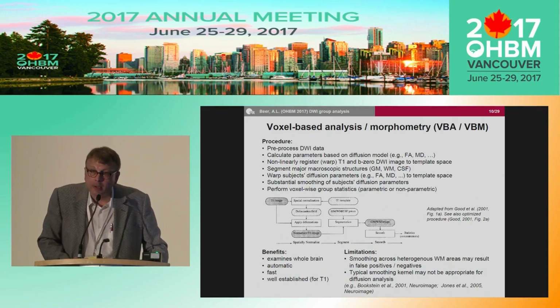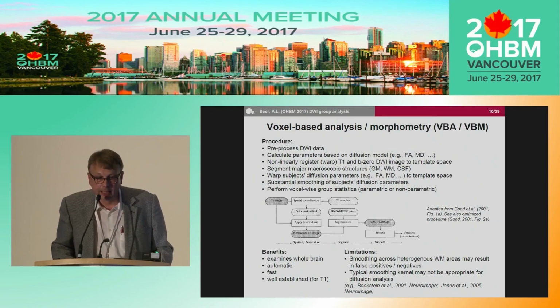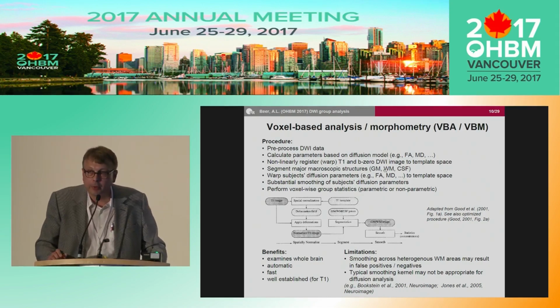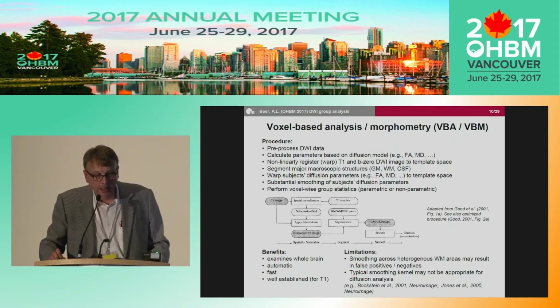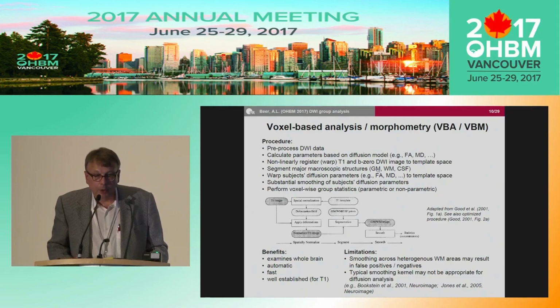And in order to refine the analysis, you can identify major substructures of the T1, like gray matter, white matter, and cerebrospinal fluid, in order to improve this nonlinear registration. And then you warp, that means you nonlinearly register the diffusion parameters to that template space, and then you perform the analysis.